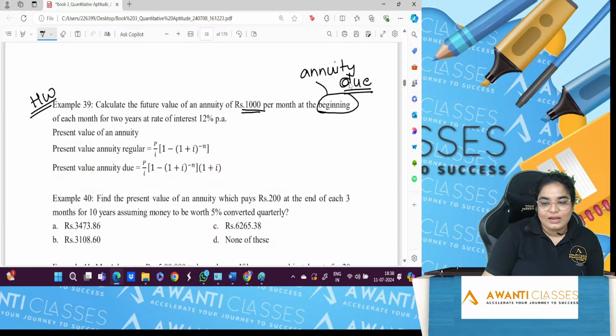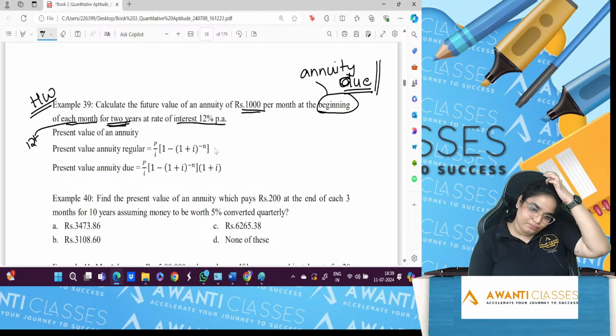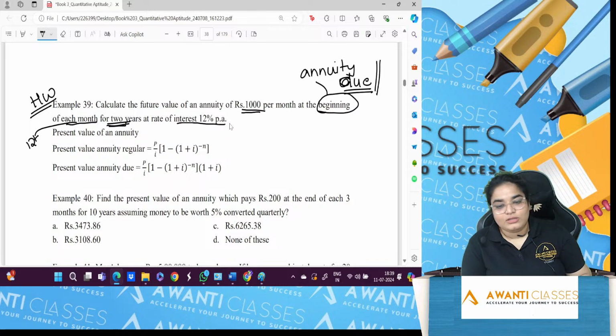We have just done annuity regular. So this is annuity due of each month for 2 years. They have done it 12 times a year, at the beginning of each month at the rate of interest of 12% per annum. That will be 1% per month.